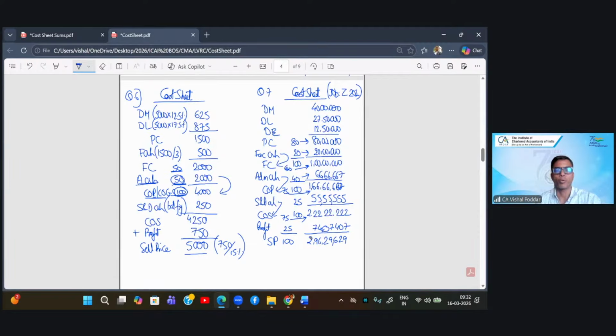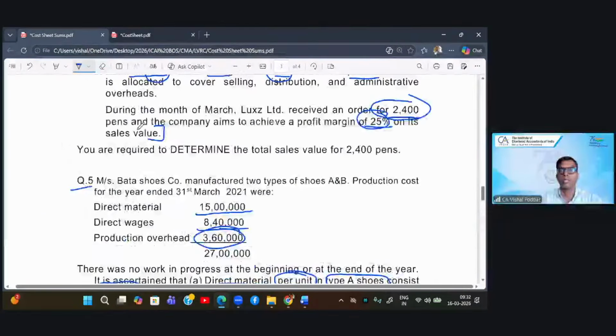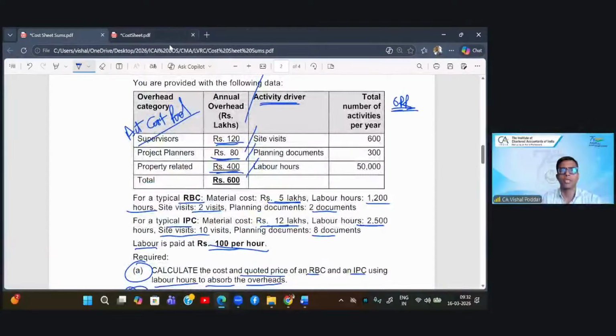So students, I hope you understood all these varieties of questions that we did, from job, batch, even contract costing, everything we tried to cover in this revision. Yes, Pooja.